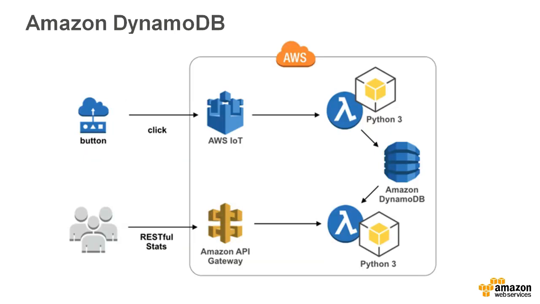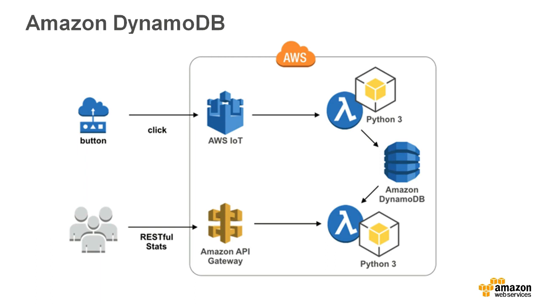You can build a large number of solutions. This is another use case for DynamoDB. Here we have integrated multiple solutions, that is AWS IoT, DynamoDB, and API Gateway. We have developed an IoT application where an IoT event is triggered by a user, for example, a button click.